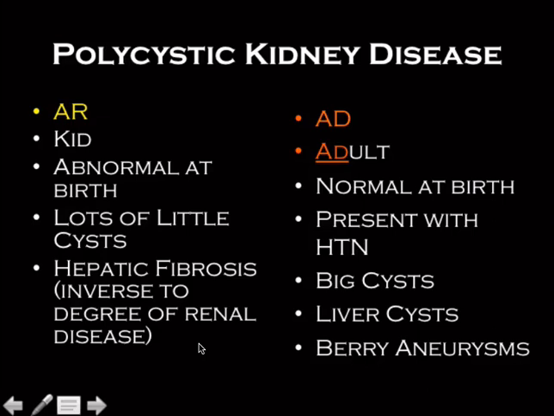In other words, bad kidneys, mild liver, mild kidneys, bad liver. And this fibrosis develops into cirrhosis, portal hypertension, etc., just like in an adult, and that will cause death. So really, really bad renal disease actually causes a perinatal death because of the Potter sequence.